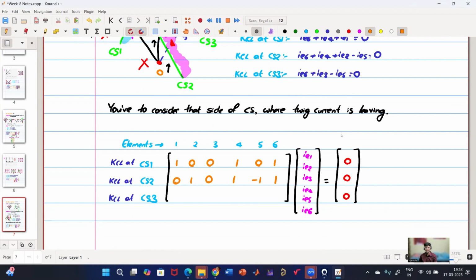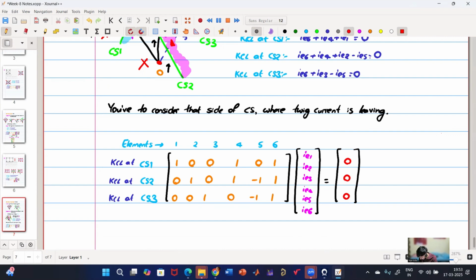And for cut set 3? 0, 0, 0. Then? 0 minus 1 1. Yes.